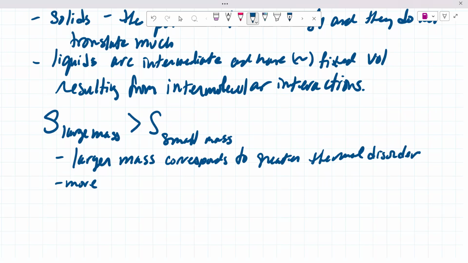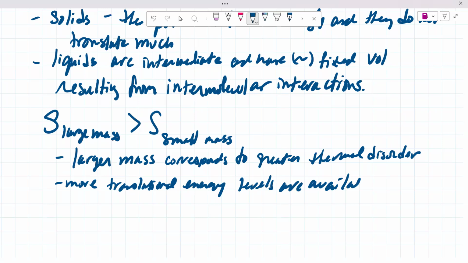More translational energy levels are available. This leads to greater entropy.